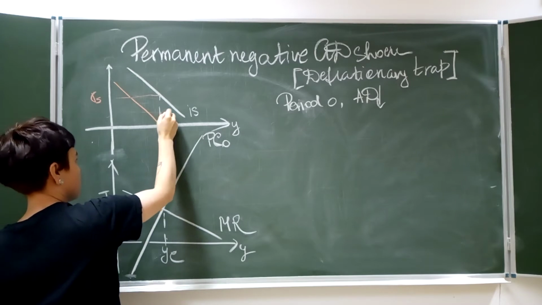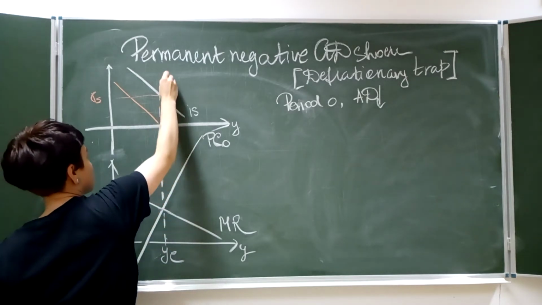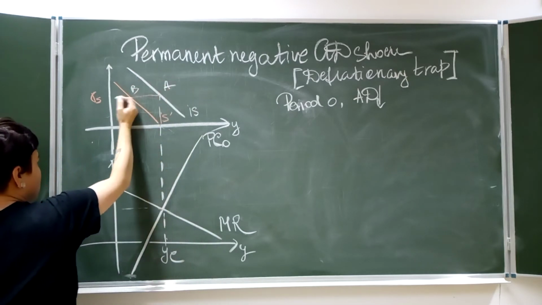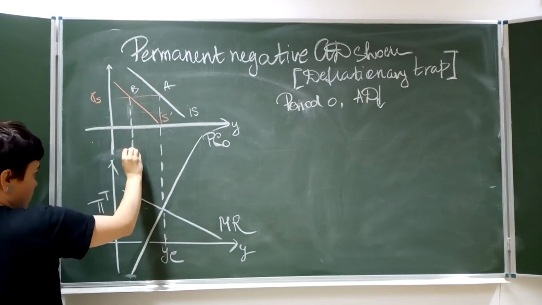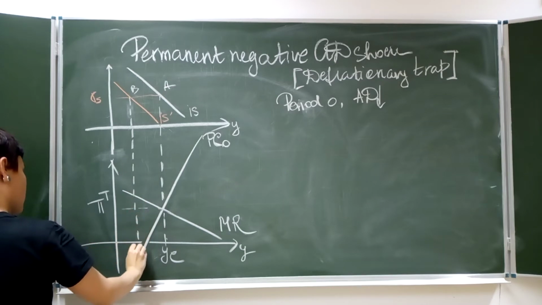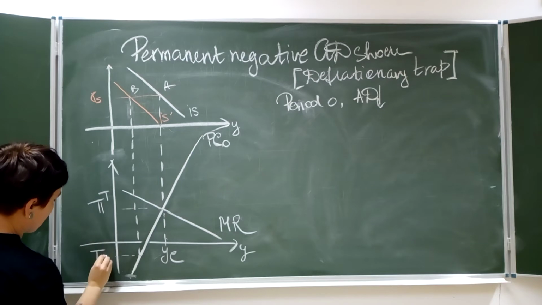Basically, now we are on IS prime. So we shift from point A to point B, and for this level of output, the corresponding level of inflation is negative. So here we have y0.